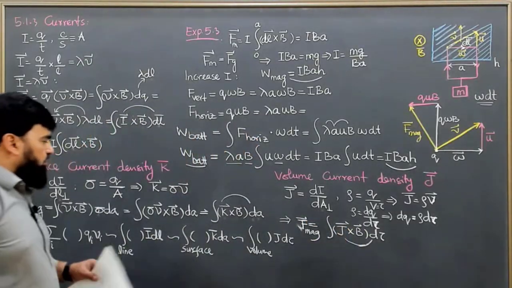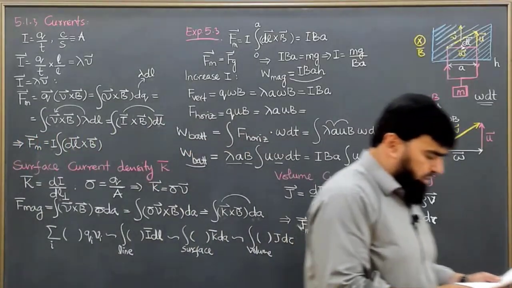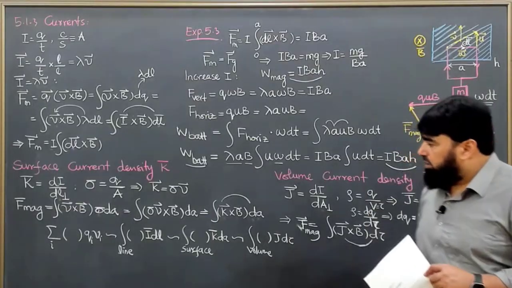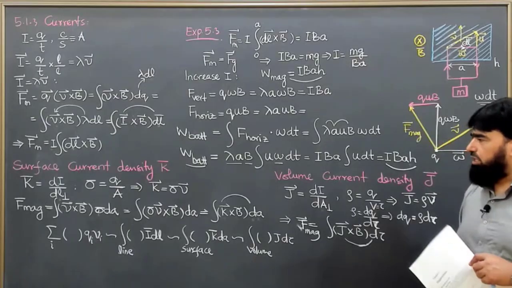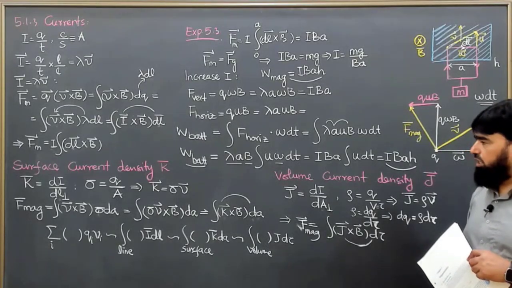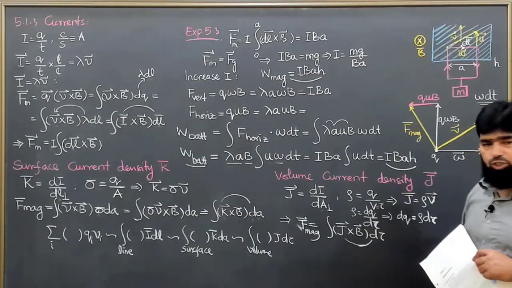So in the bracket, we basically have B, the magnetic field. And this is what we have for the line charge density, surface charge density, and volume charge density.